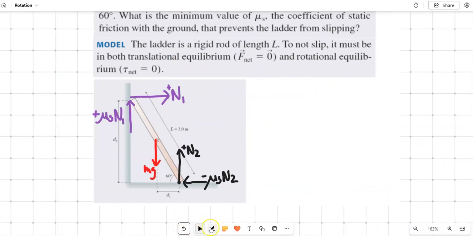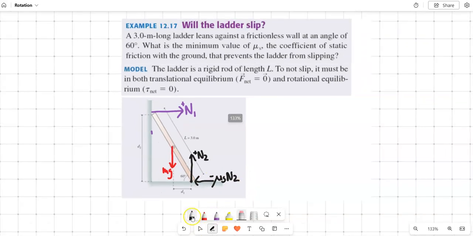To be consistent with that, even though I disagree with them, let's not worry about this. They're just saying that this static friction is the only one here. So the first thing that we're going to do is we're going to sum our forces in the x and y direction. So I'm going to do the coordinate system again.